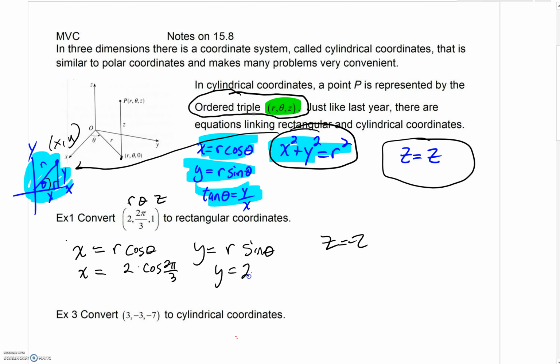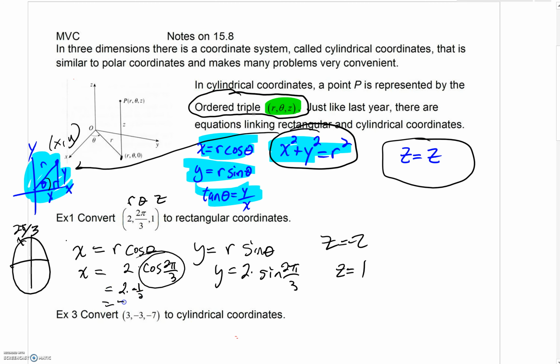Y is going to be 2 times the sine of 2 pi over 3, and your z is just a 1. So what is the cosine of 2 pi over 3? Well, the cosine of pi over 3 is a half, but in this quadrant of 2 pi over 3, cosine is negative. So this is 2 times negative 1/2. Our x will be negative 1.